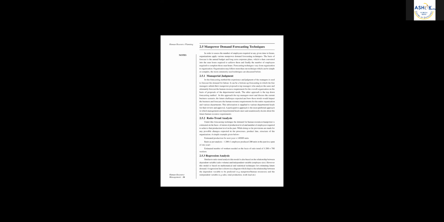A simple example is given below. Estimated production for next year equals 1,04,000 units. Ratio as per analysis is 1/200 established. Number of workers needed on the basis of the ratio trend of 1/200 equals 700 workers.